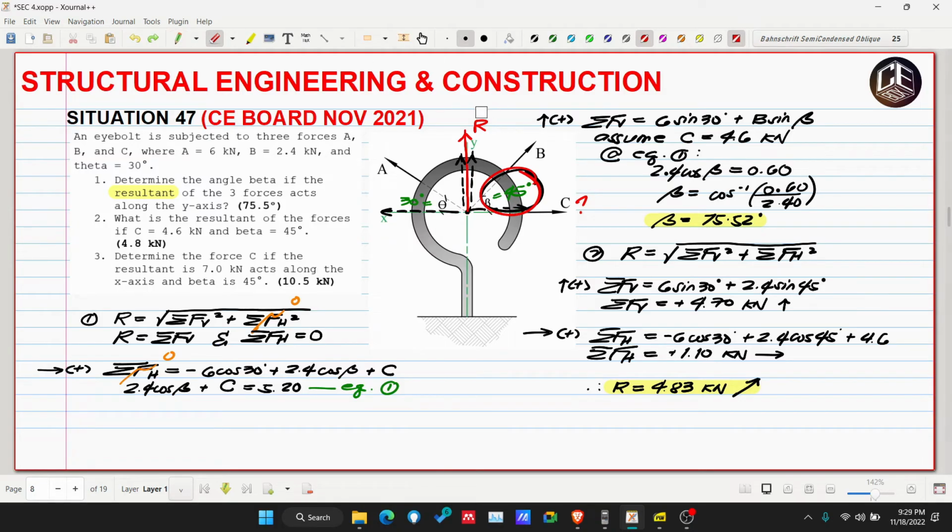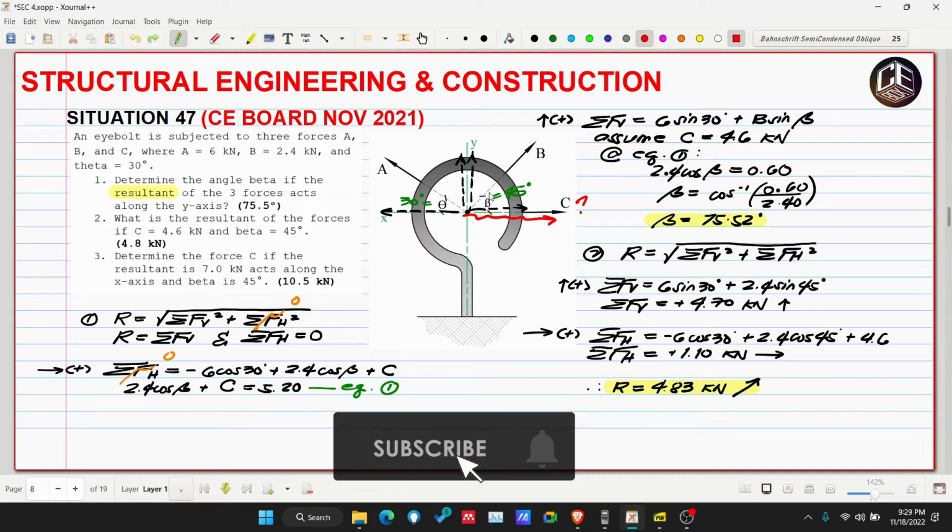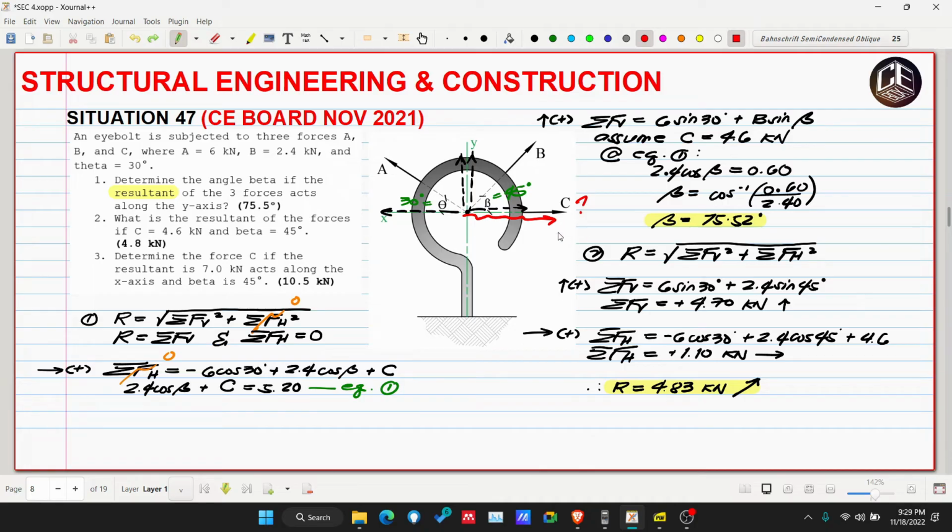Okay, so let's erase this now. So, this is now our new resultant, along the x-axis. Actually, this is incomplete. It should say along the positive x-axis or negative x-axis, so it should have a direction. So, let's assume our R is here.